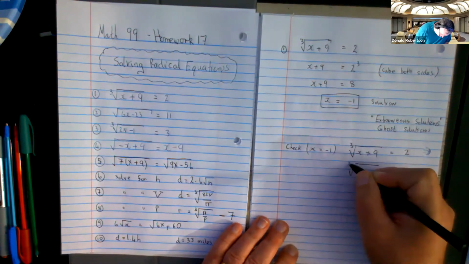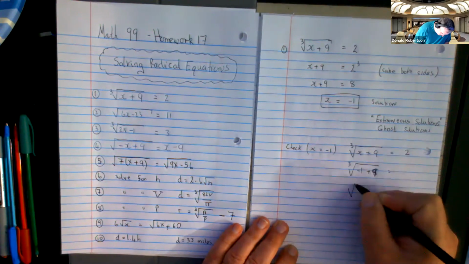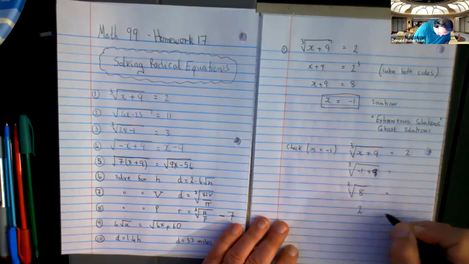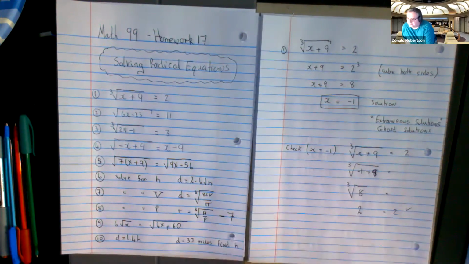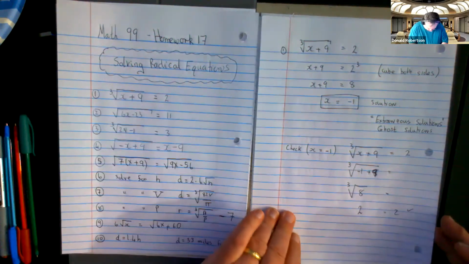Well, the cube root of -1 plus 9, that gets you 8. And isn't the cube root of 8 a perfect number? Check. So it works. So the "as long as you do it to both sides, it's okay" rule will get you pretty much through almost every single one of these questions. Well, that was question 1.